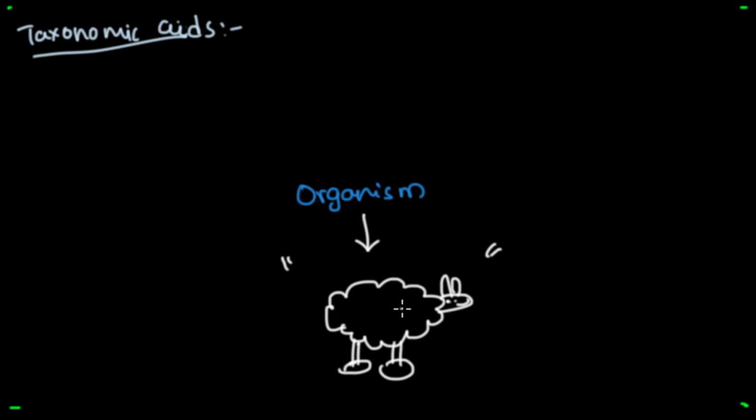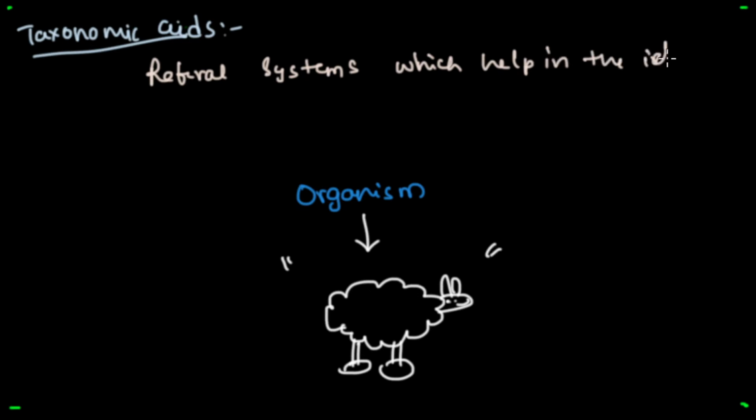So what do you do in order to know its name? Then you have to seek the help of taxonomic aids. These taxonomic aids are referral systems which help in the identification of the organism.